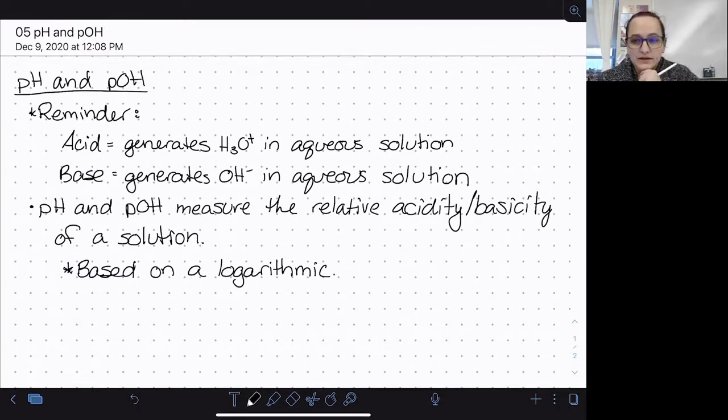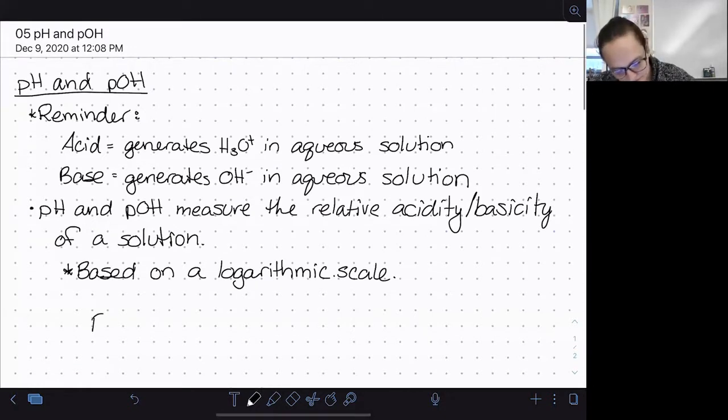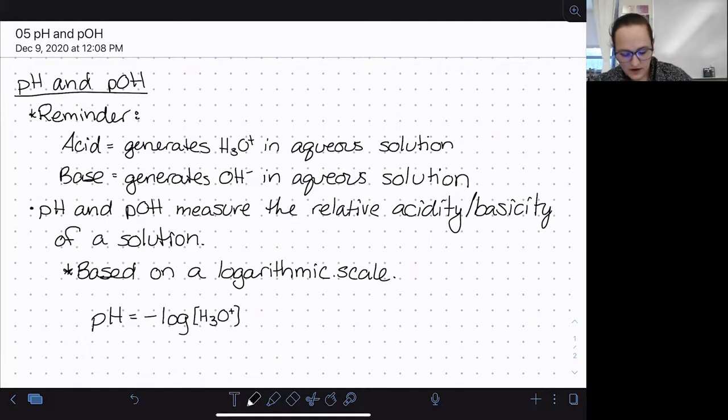So mathematically speaking, the pH of a solution is equal to the negative base 10 logarithm of the hydronium ion concentration.